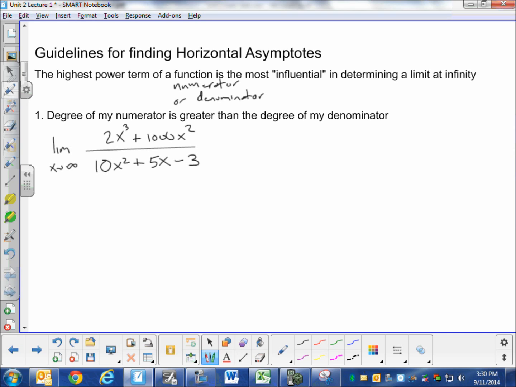Slightly. Yeah. And as I plug in bigger and bigger values, if we look at this function, this 1,000x squared would end up being insignificant. I know it's such a big thing.